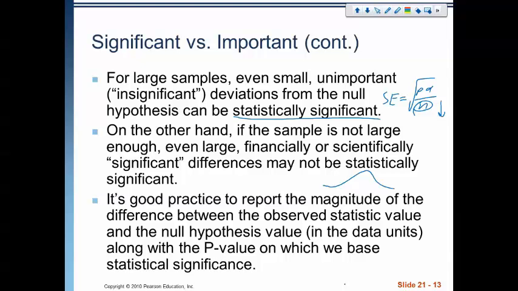This is why, in research, when you're using these statistics to prove something, it's good practice to report the magnitude of the difference between the observed statistic value and the null hypothesis, like our z-score for how far away that would be.